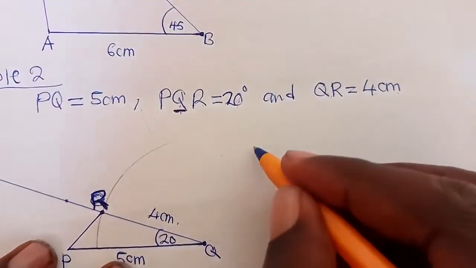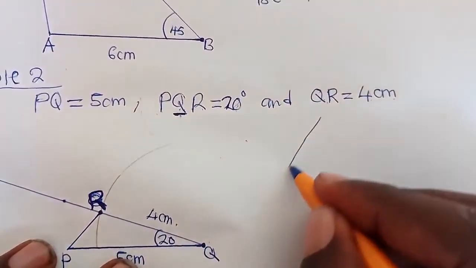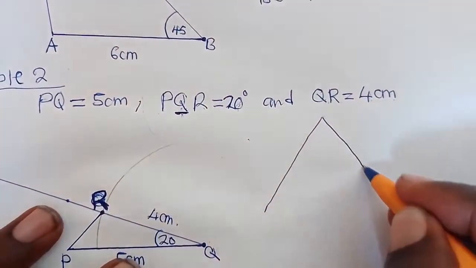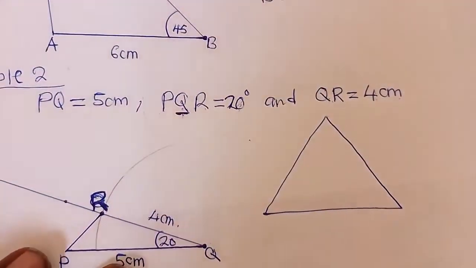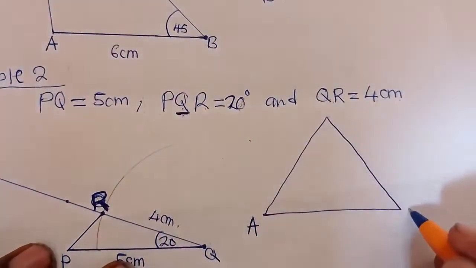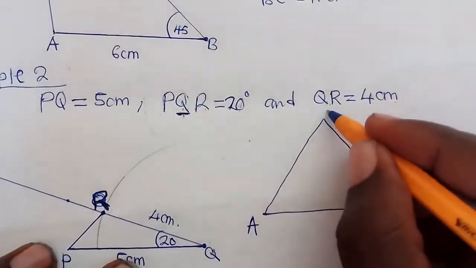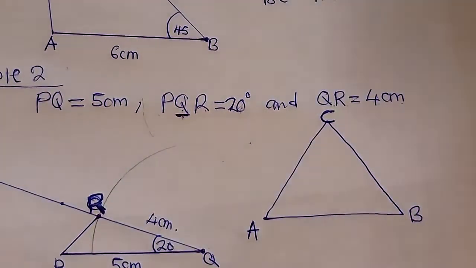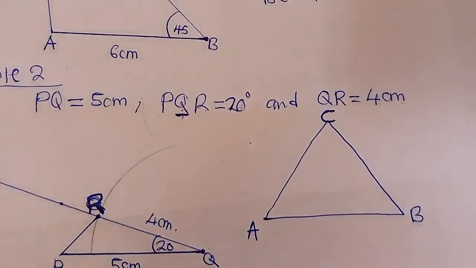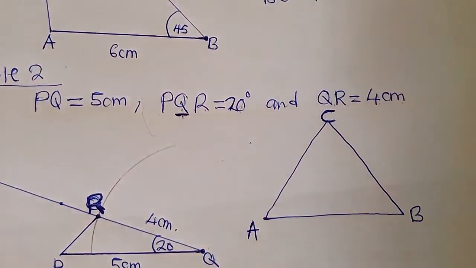Let's say you draw a triangle like this. This is your triangle, with vertices A, B, C. Then you know that angles inside the triangle add up to 180.